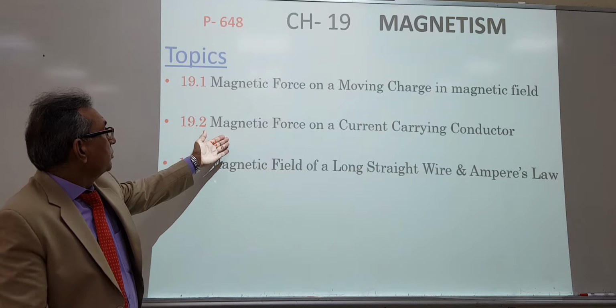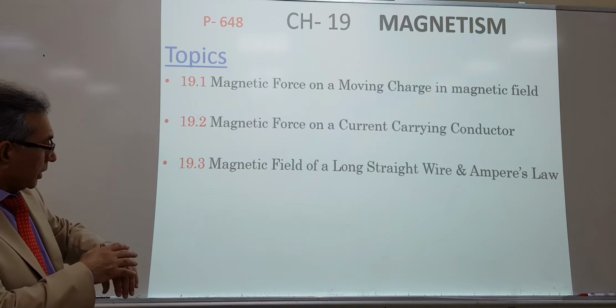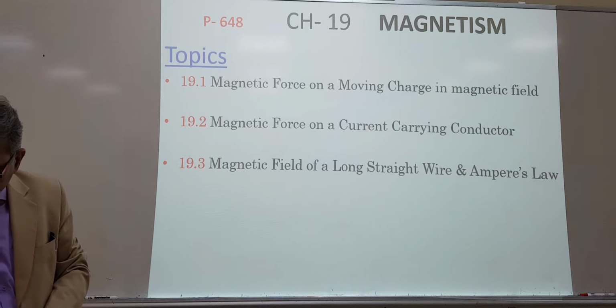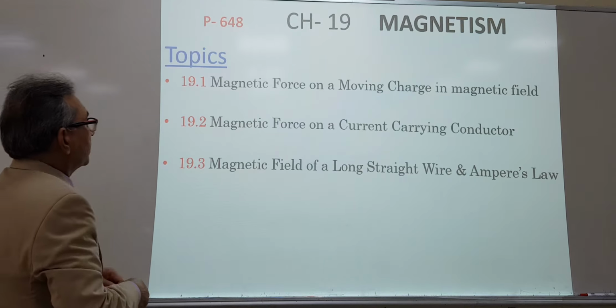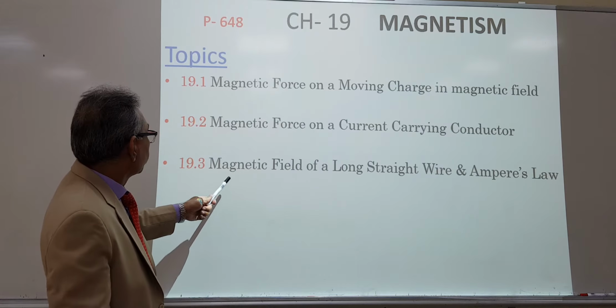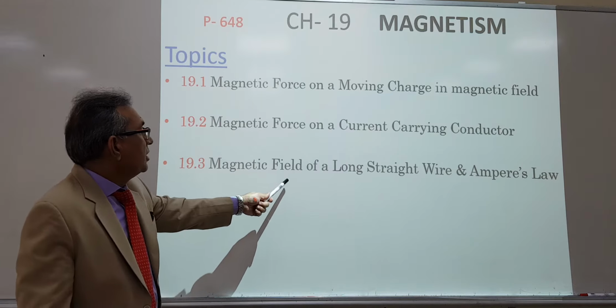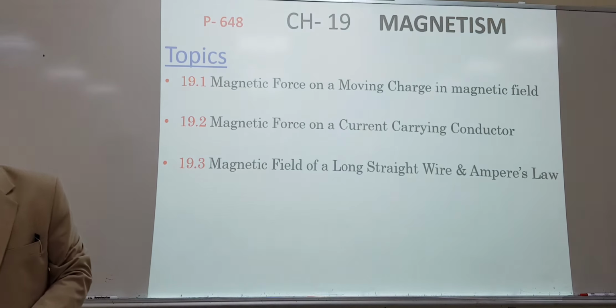And then similarly, if you have a current carrying conductor where many charges are moving within the conductor, we will be discussing magnetic force on a current carrying conductor, a piece of wire. Then magnetic field of a long wire, and we will discuss Ampere's law.